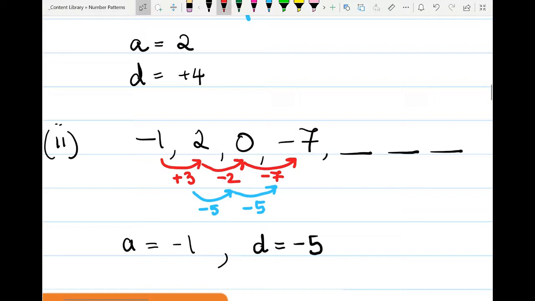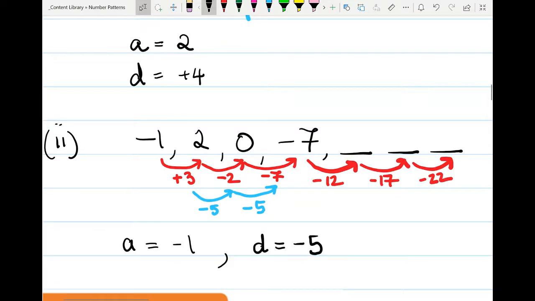In order to do that, we first have to continue the pattern of the differences. The differences that we have so far are +3, -2, -7. So they're going down 5 each time. So the next difference will be -12, the next one -17, and the next one -22.